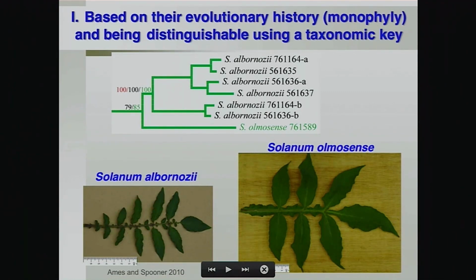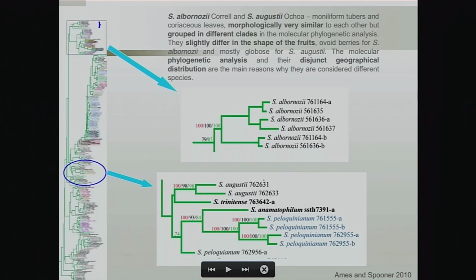All of albornozi here, allele A, for example, here, allele B, allele A, allele B, all of these are monophyletic, and olmosense here is distinct with a bootstrap of almost 80 or 85% with parsimony and likelihood. And they can be differentiated using this characteristic of the leaf. So, both species are confirmed being different.